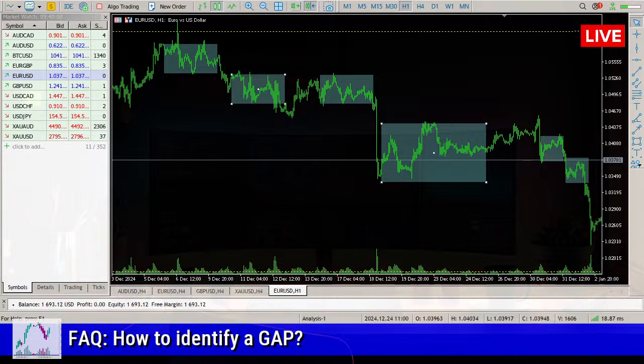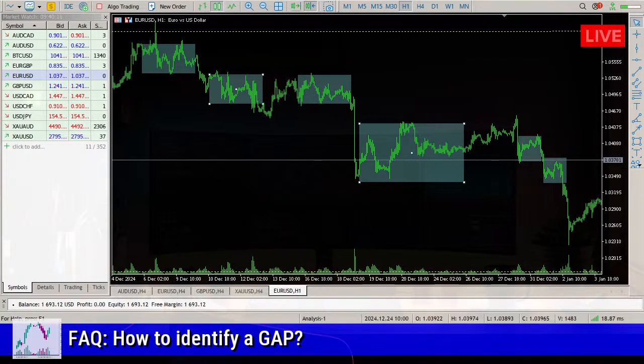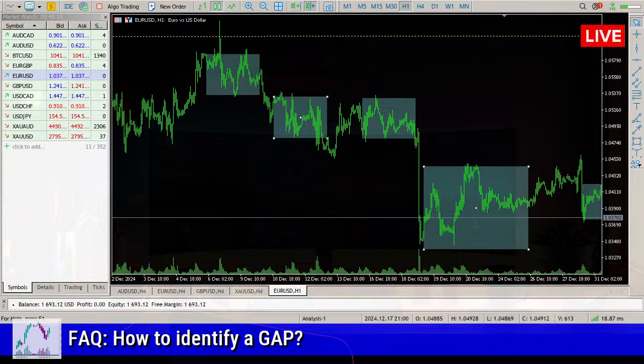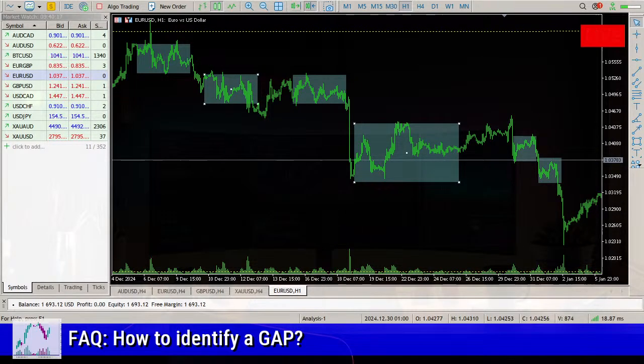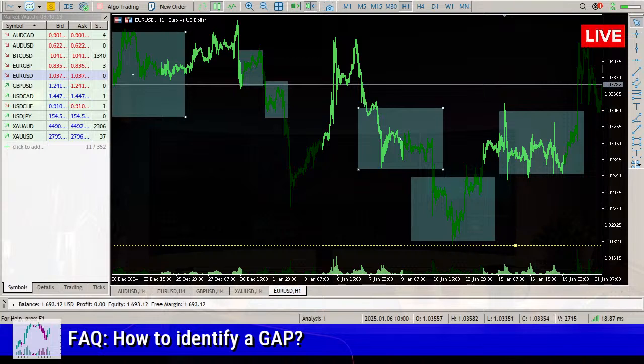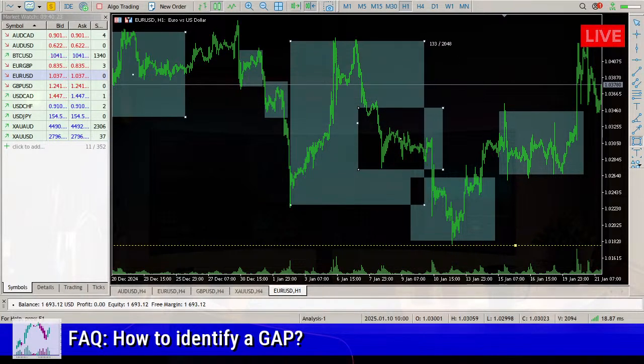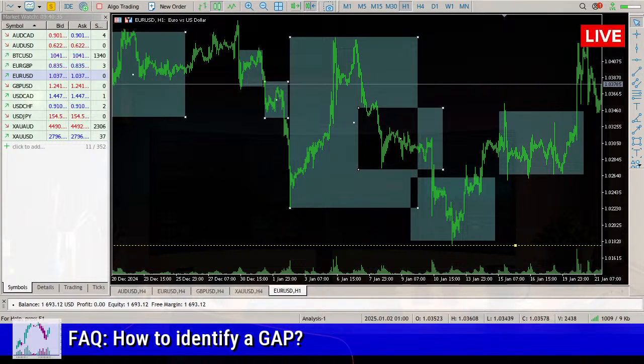There is also a possibility that there is a gap inside the higher time frame. For example, you see this one, it should be a range from the higher time frame, but we can analyze the detail.